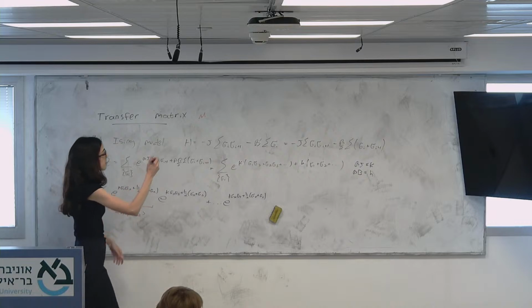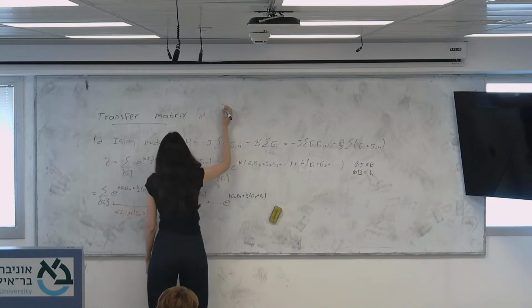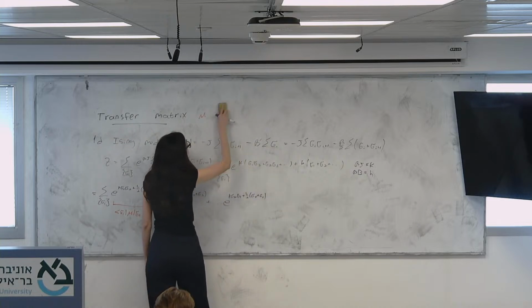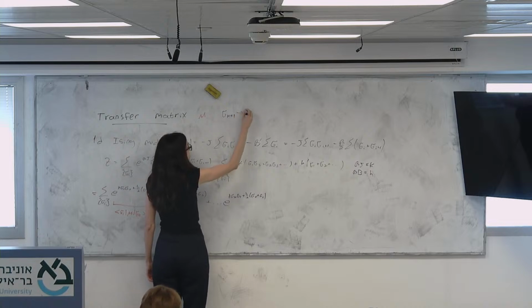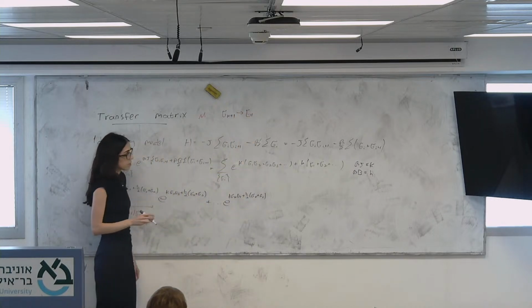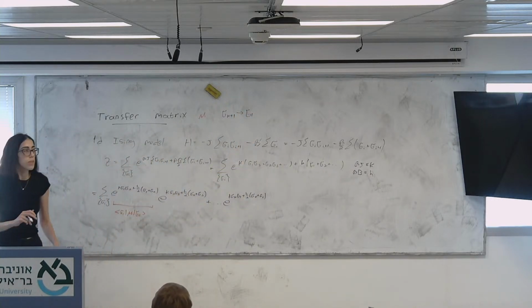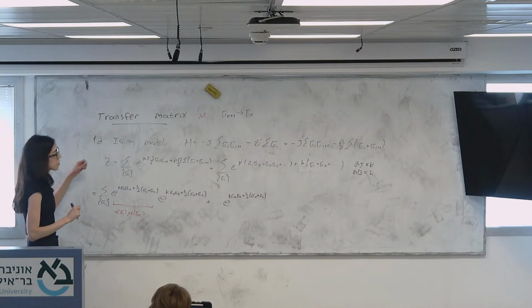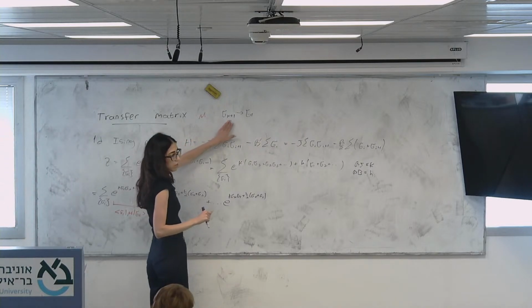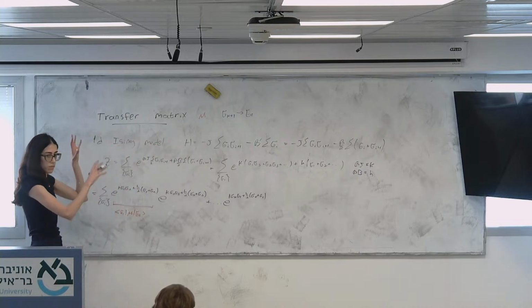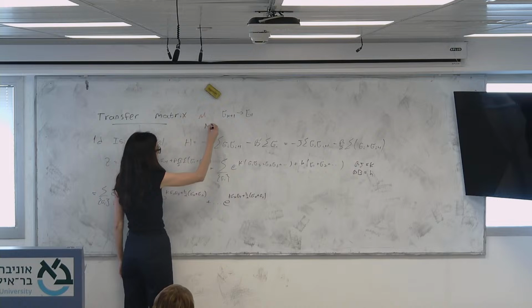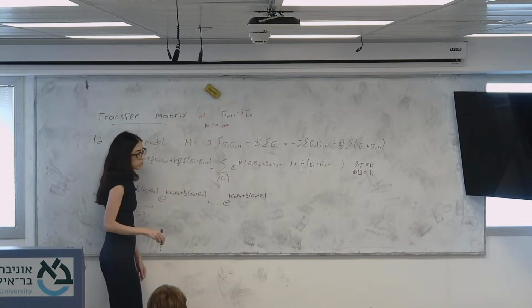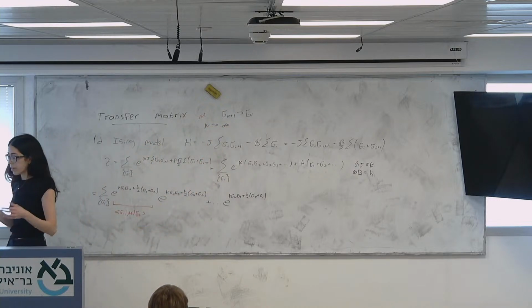Maybe you missed when I said it, so let's write this here. With periodic boundary conditions, sigma n plus 1 is going to be sigma 1. The reason we do that is that all of this framework is going to work for the case that n goes to infinity. So we work in an ensemble with a lot of particles.